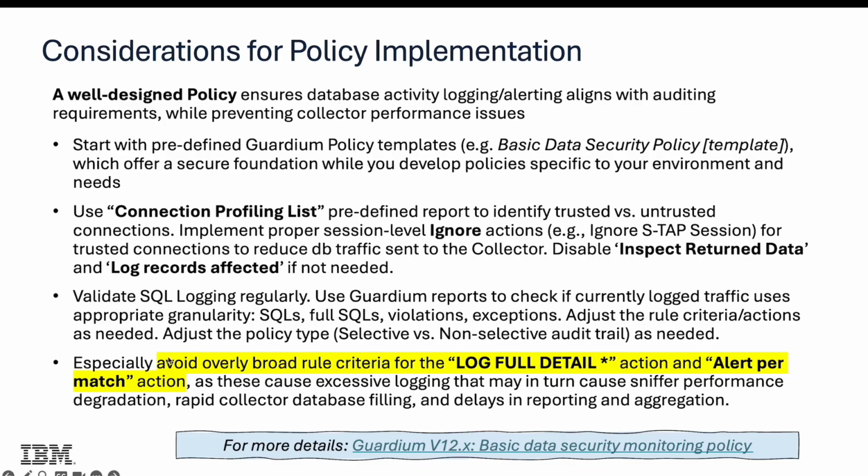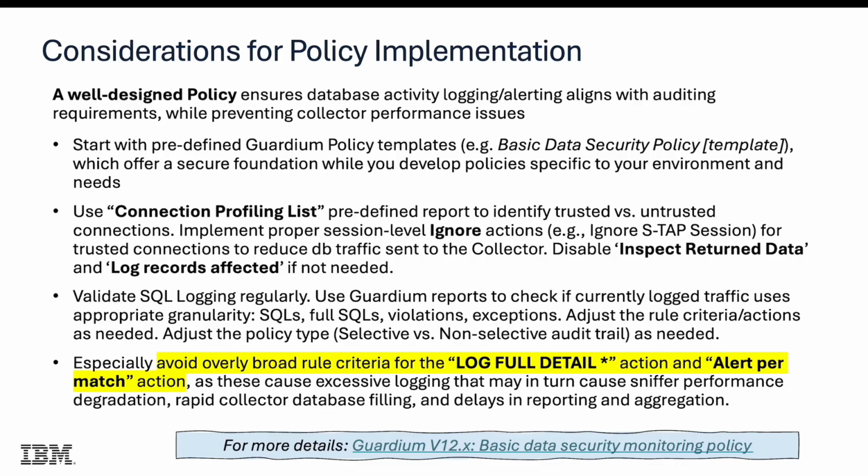And the last one I really want to stress: avoid making rule criteria too broad for log full details and alert per match actions. These actually end up causing way too much logging, and that can slow the sniffer down, fill the collector's database quickly, and delay reporting and aggregation.